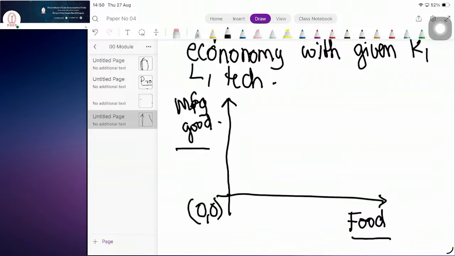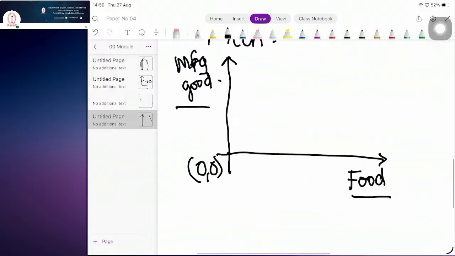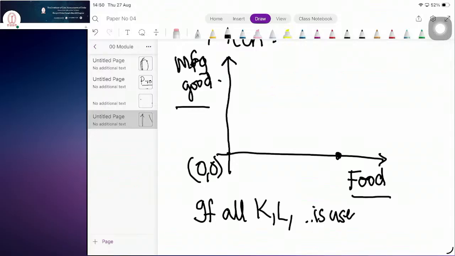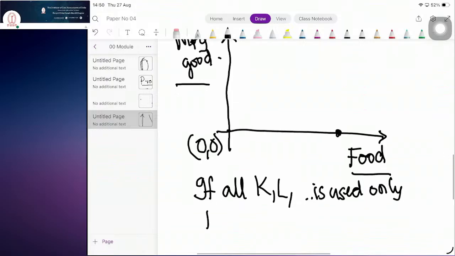Can I proceed? Now imagine a situation where all capital, labor and technology is used only in the production of food. Only food production.